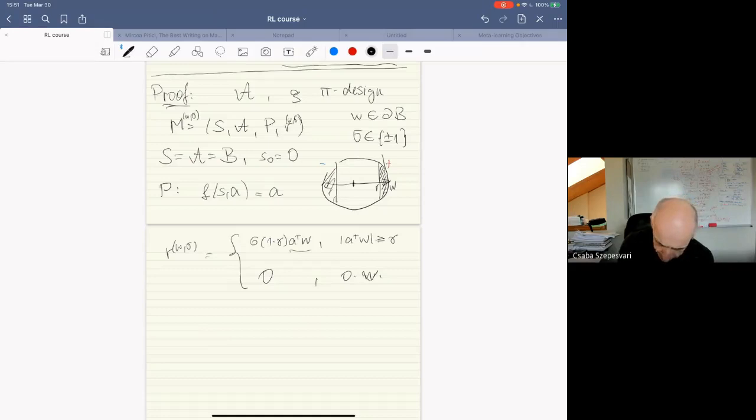Another picture would be where the inner product can go between -1 and +1. So this is the inner product between A and W. And then the reward is going to be 0 up to this point. Otherwise, for sigma equals +1, you go up to 1 minus gamma. And here there is the negative of 1 minus gamma, so that's a little bit smaller than 1.